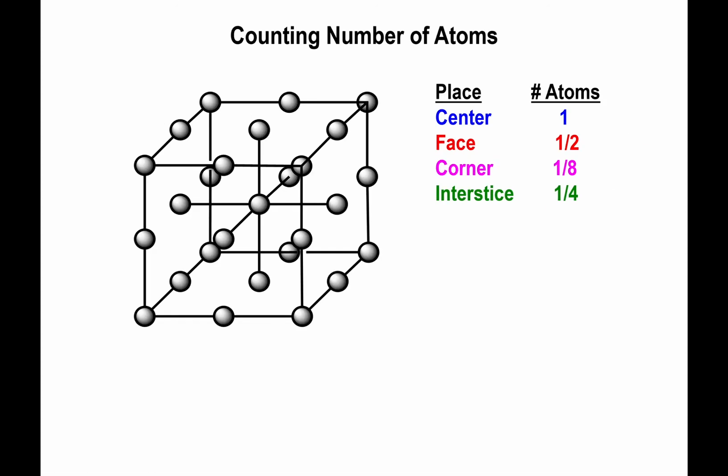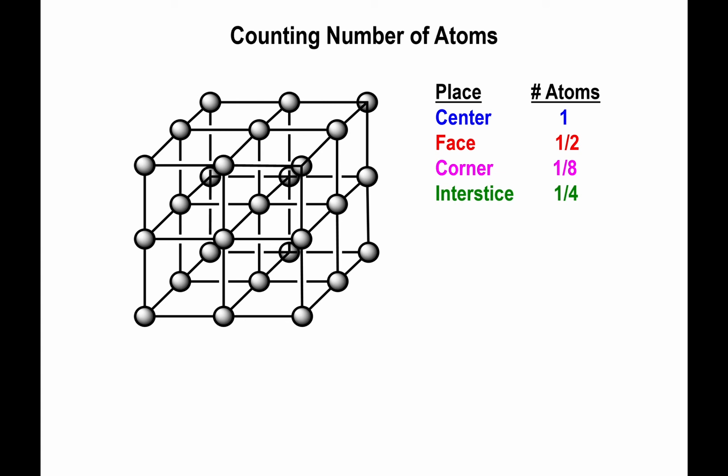Alright, knowing that, we can use that information to determine how many atoms we have in a full unit cell. You could look at the unit cell right here, and the easiest thing is to subdivide the whole unit cell into smaller ones, but just remember that the entire thing is a unit cell. Here we can identify that there is one center atom, which contributes all of itself to the unit cell.